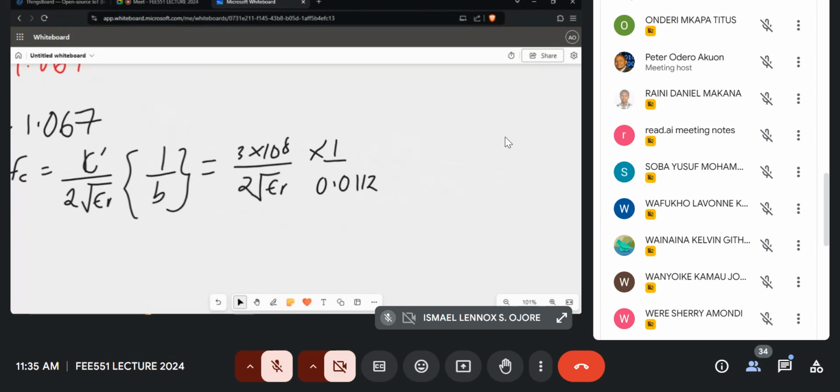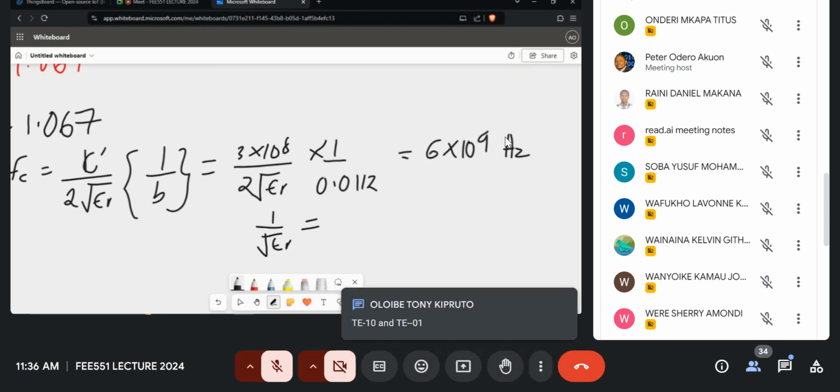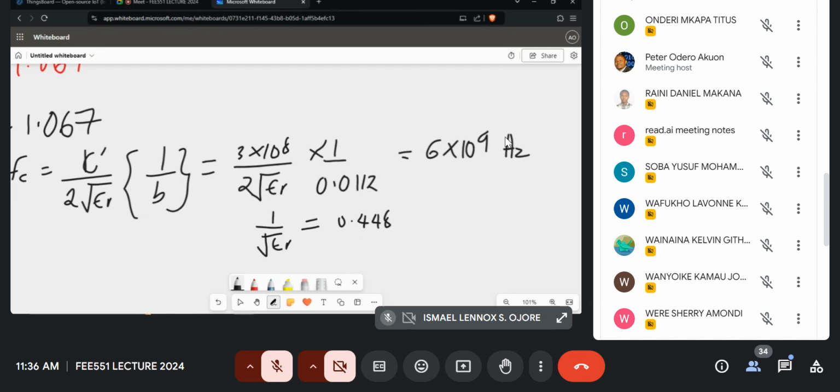And then this one we equate it to 6.6. Okay, so let me just calculate this. Two squared. So n is equal to 4.982.